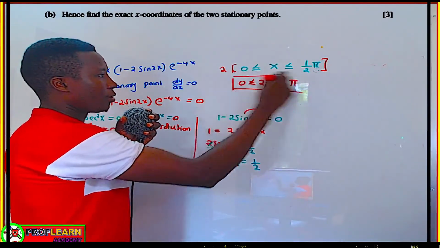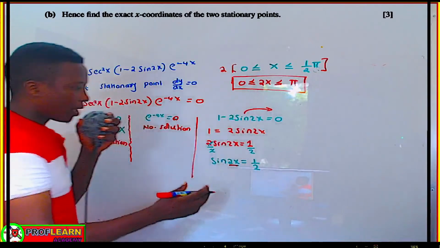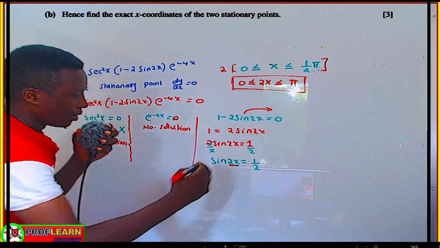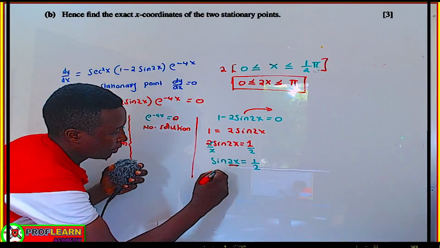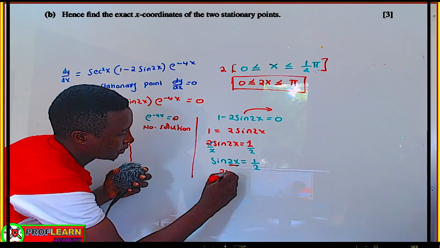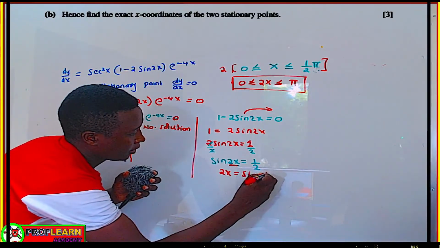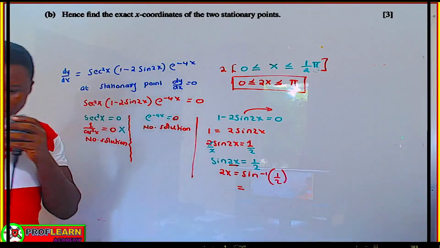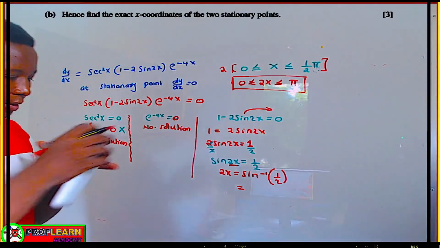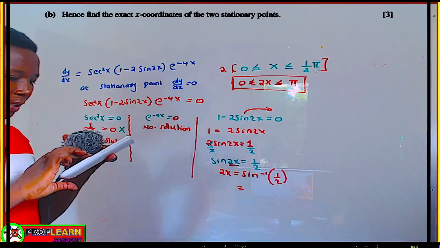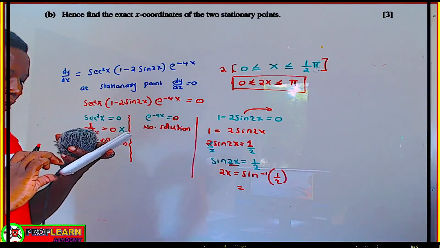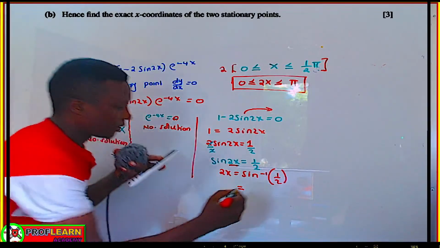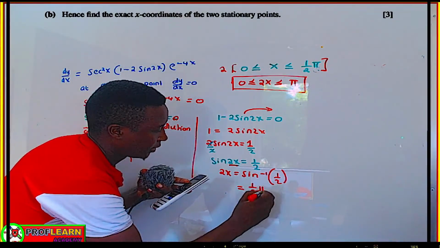Whenever we are going to solve our angle, we are going to work within this particular domain. So we are going to say 2x is equal to the sine inverse of 1 over 2, and if we use our calculator, and remember your calculator has to be in radians, I'm getting 1 over 6 pi.